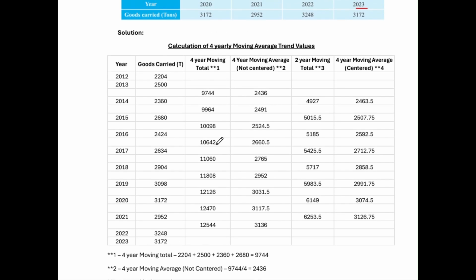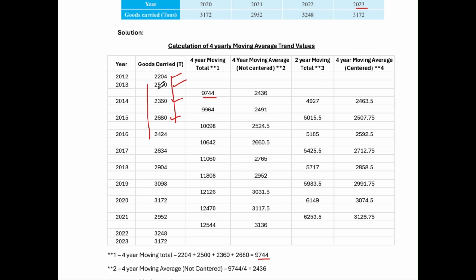How will it be calculated? For the 4-year moving total, we first take the first 4 numbers: 2204, 2500, 2360, 2680. We add these 4 at once, and the total will be 9744. Again we add 2500, 2360, 2680, 2424.